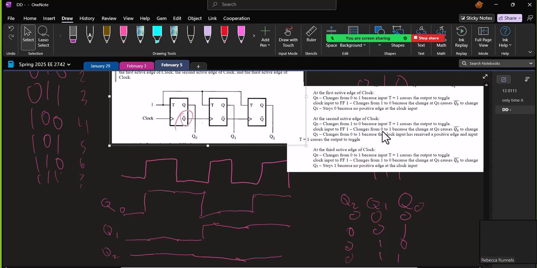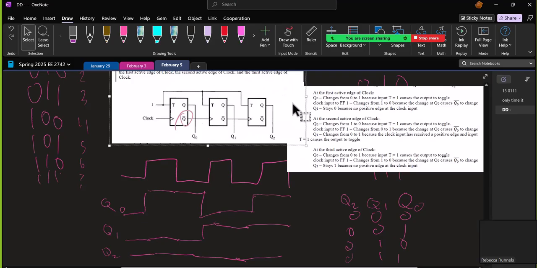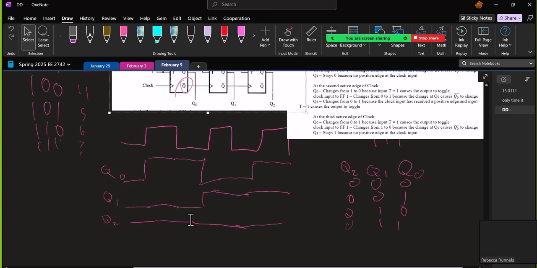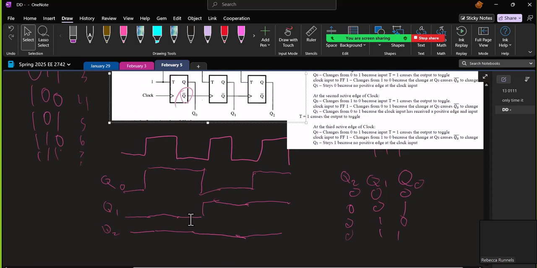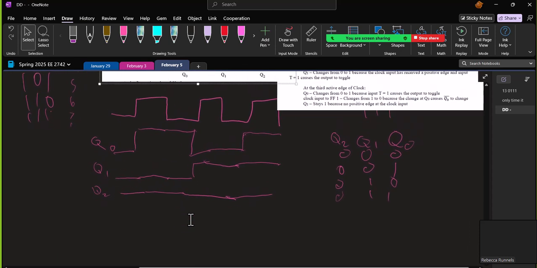So we could still draw a timing diagram, and then write out to the side how the clock is affecting things, because the clock that shows up here is only the clock for the first flip-flop. So our start would be Q0, Q1 would be 0, and then Q2 would start at 1, because it says when the count is 0, 0, 1.